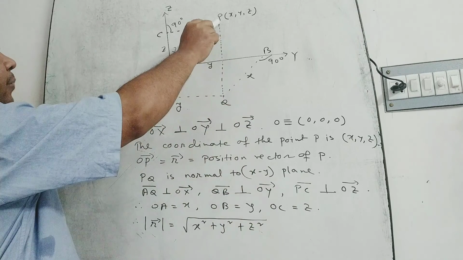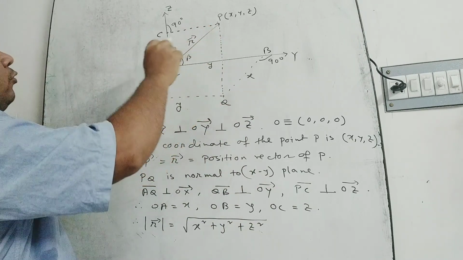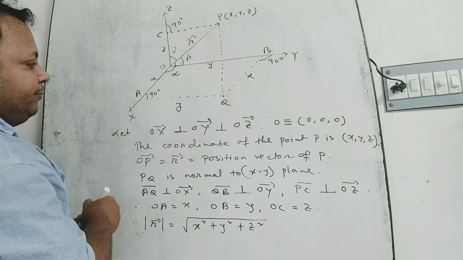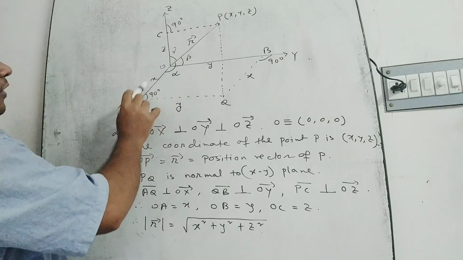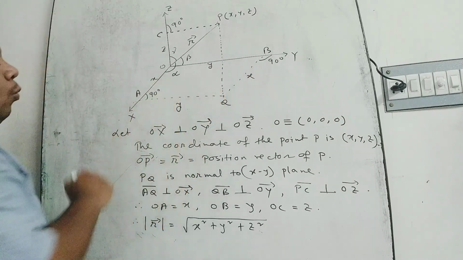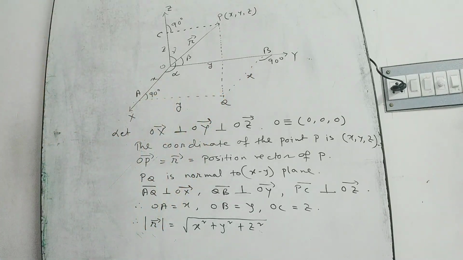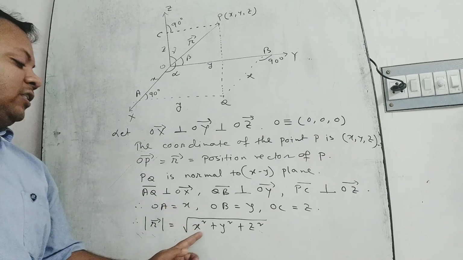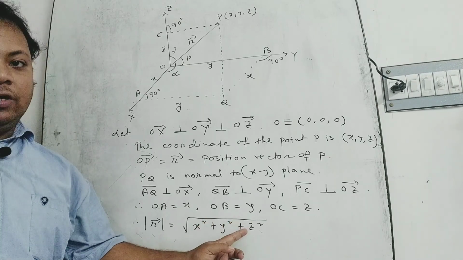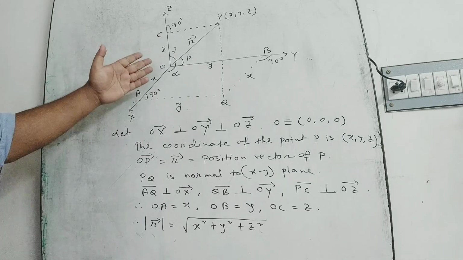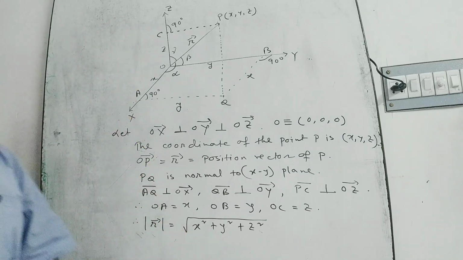Here PQ is equal to OC is equal to z, and OA is equal to small x and OB is equal to small y. Therefore, the magnitude of R vector R is equal to under root of x square plus y square plus z square. This is the magnitude of a position vector of the point P.